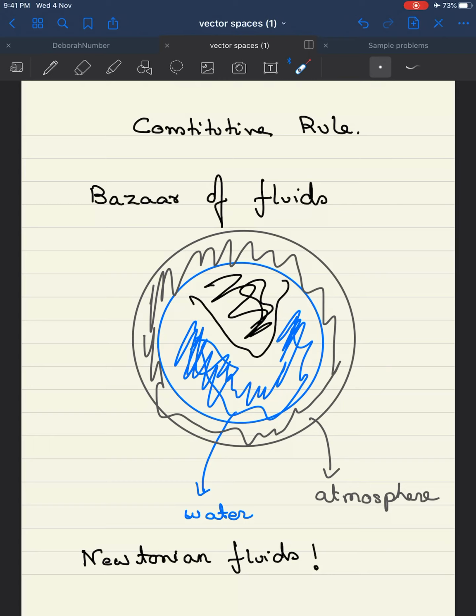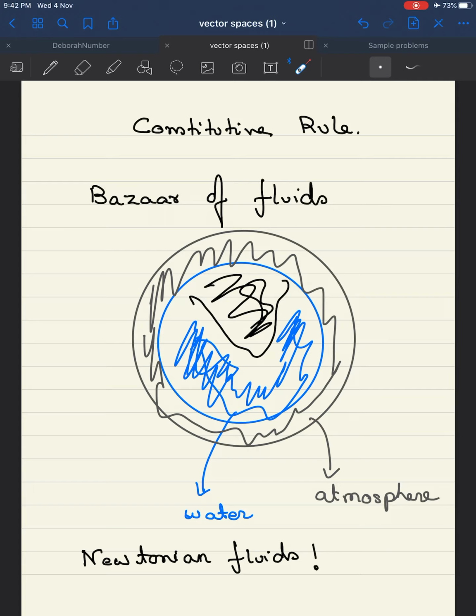There are many other types of fluids which are not Newtonian. For example, fluids related to life. The cytoplasm in a cell is not necessarily Newtonian. Simple polymers are not Newtonian. Even a small amount of addition of a polymer to water makes it strongly non-Newtonian, and you can easily have non-Newtonian behavior, but that is going to be outside the scope of this particular class, so we are not going to discuss that.